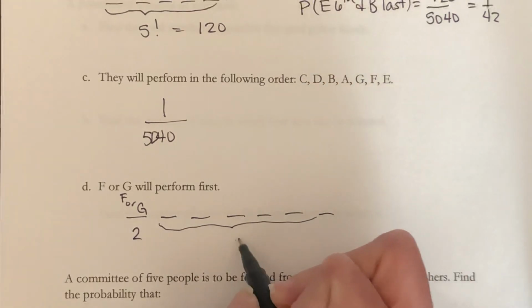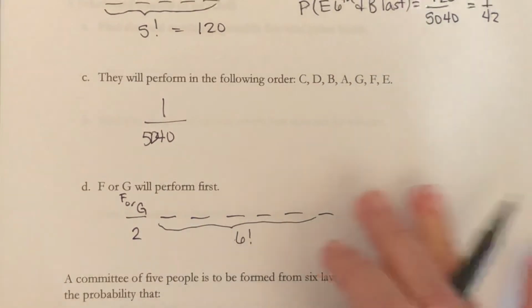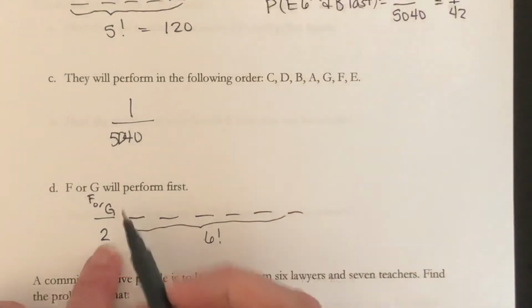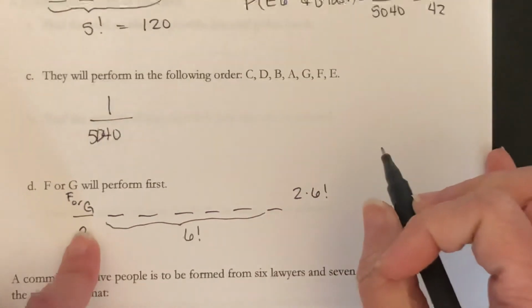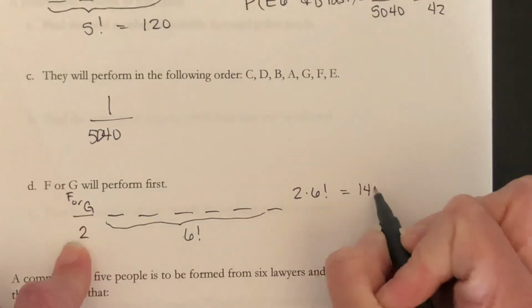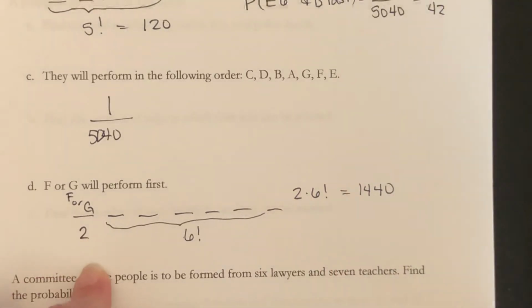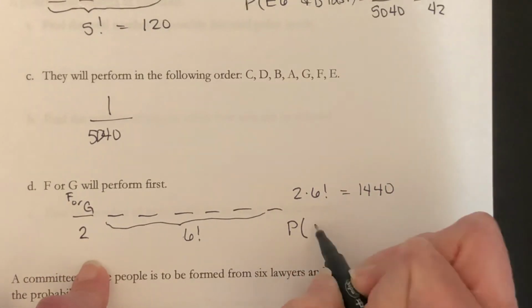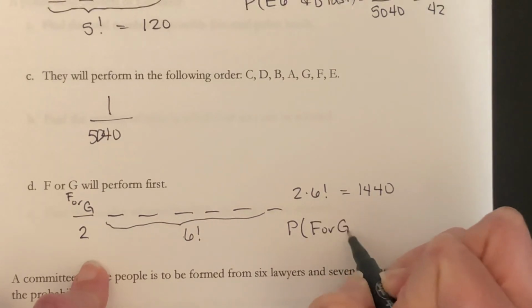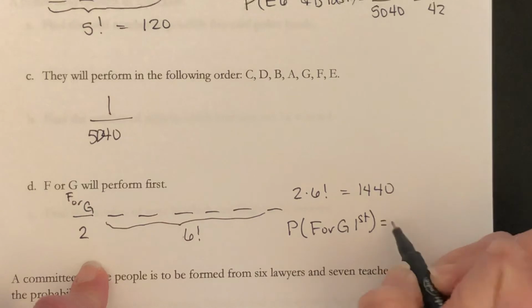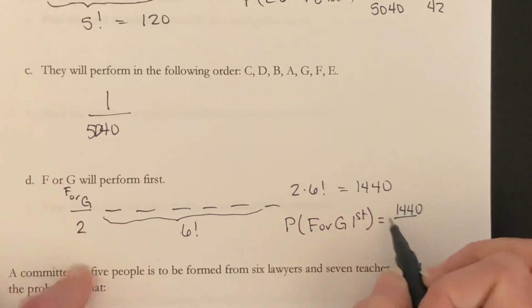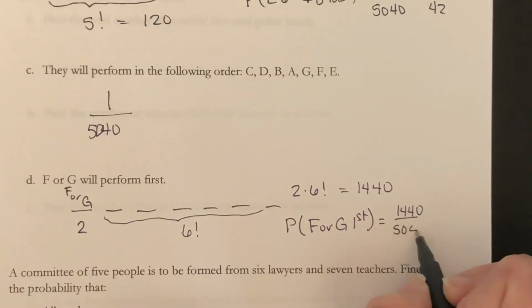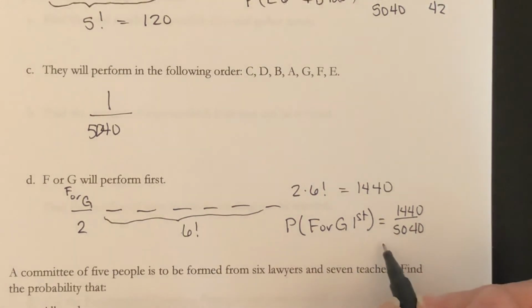And since there are 6 spots, that's 6 factorial. So how many different ways can we do this? It's going to be 2 times 6 factorial, which is 1440. So the probability that F or G is first would be 1440 over 5040. And if you reduce that, it reduces down to 2/7.